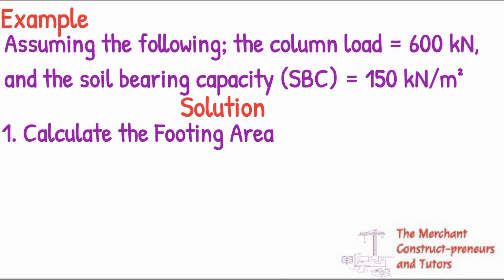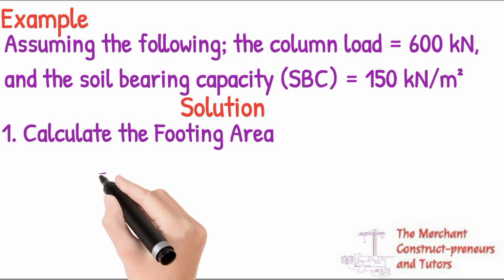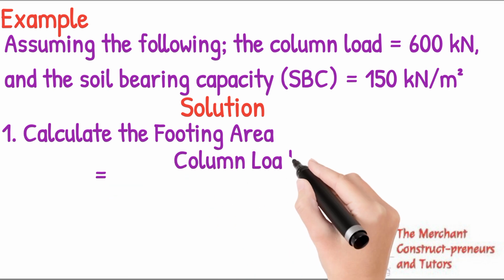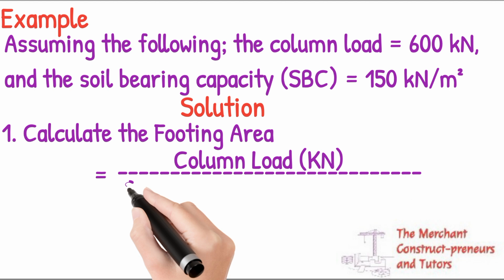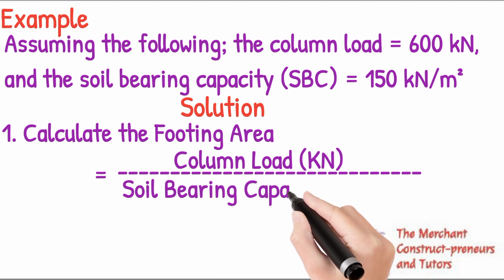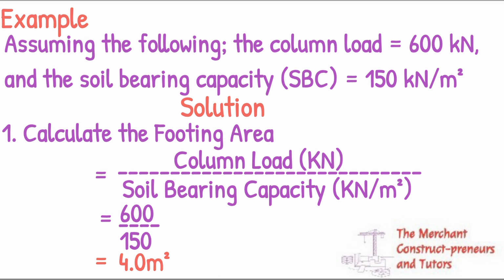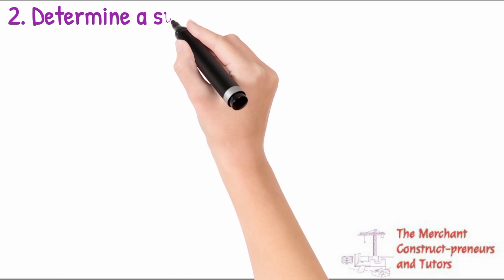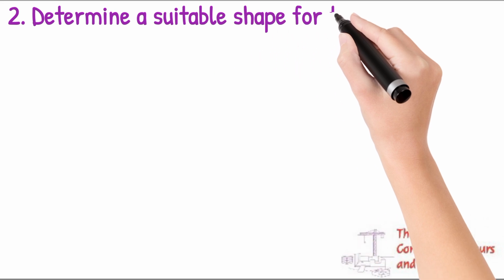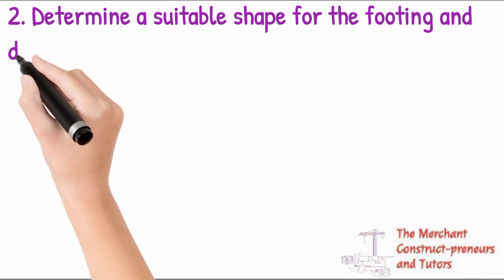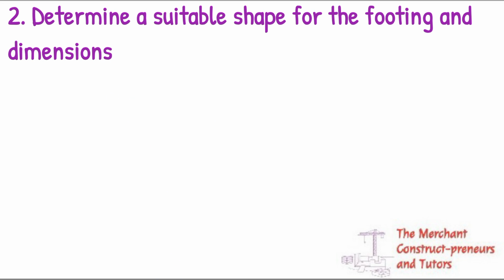For example, assume the column load is 600 kilonewton and the safe bearing capacity is 150 kilonewton per meter square. To calculate the footing area, it is the column load divided by the soil bearing capacity. So we have 600 kilonewton divided by 150 kilonewton per meter square, which gives 4.0 square meter. That's the area of the footing.